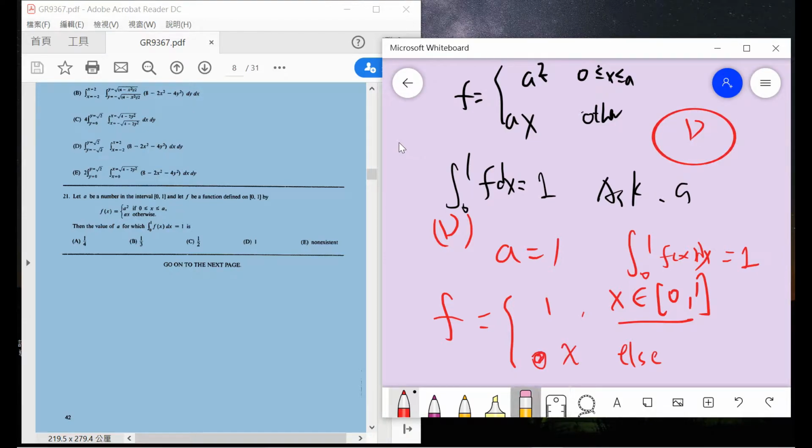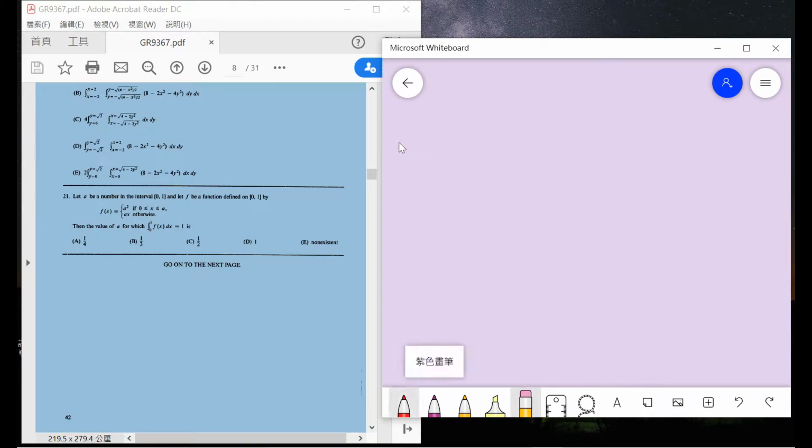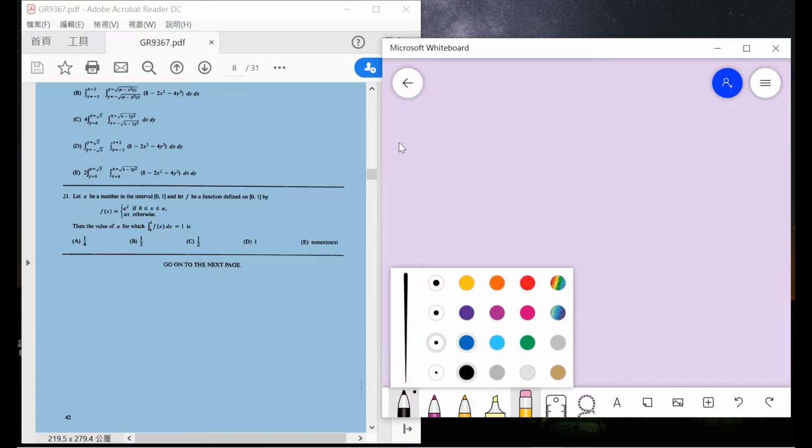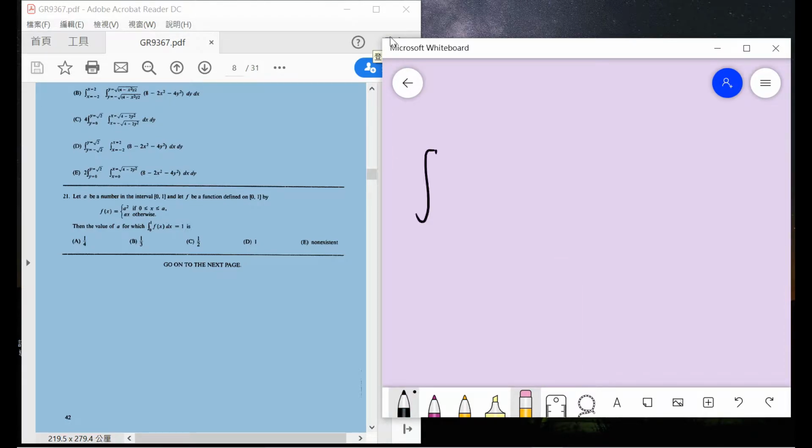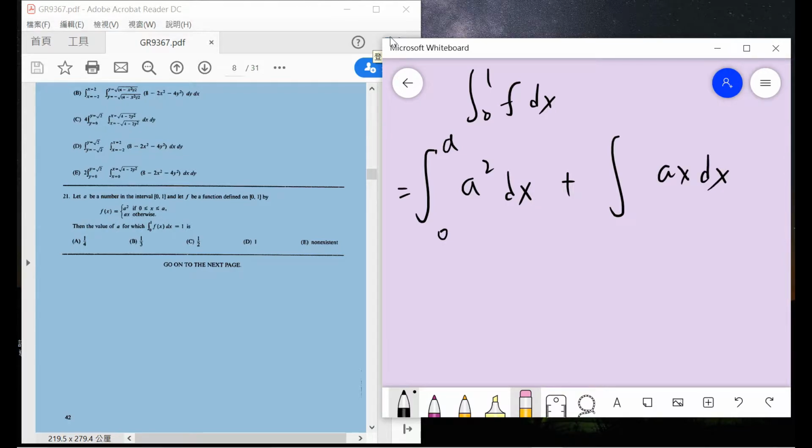So this is the first way. The second method is that we can do brute force calculation. Let me show you. The second way is you do the integral. So basically, we just do the integration from a to 1.